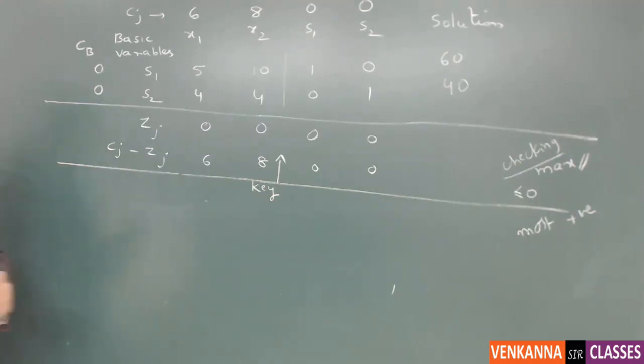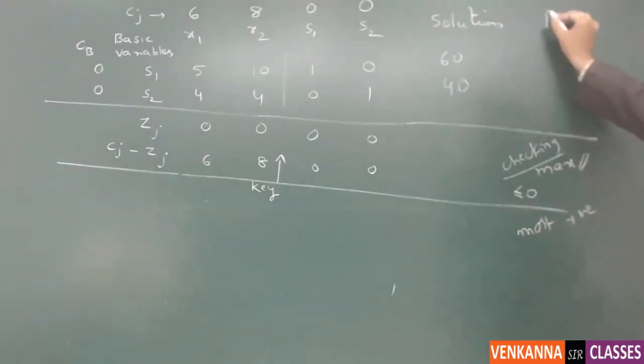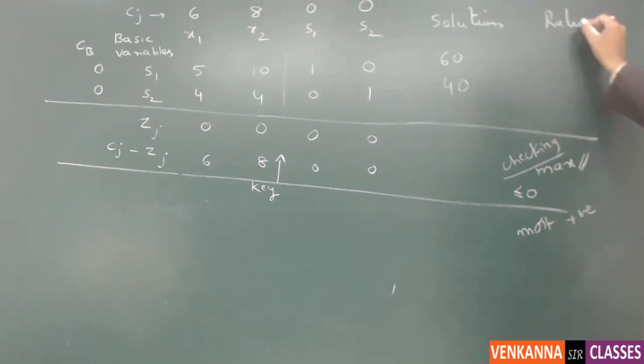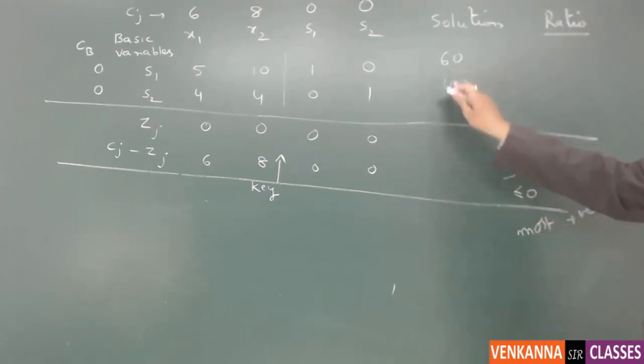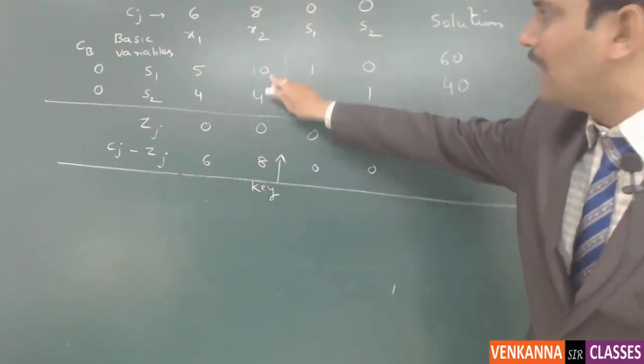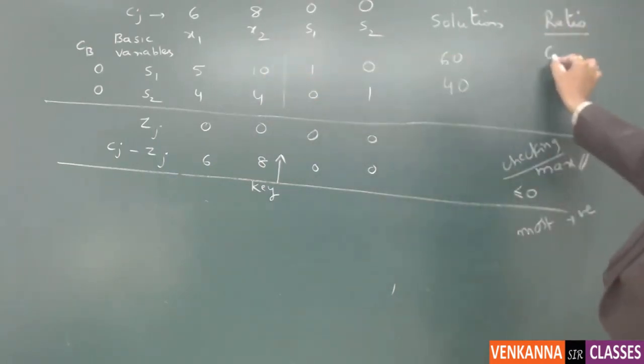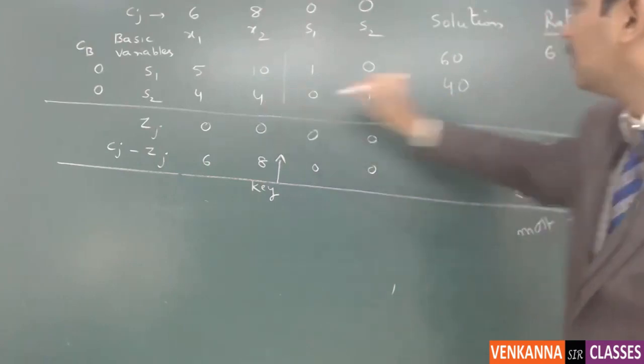Right. So now what happens? Here we calculate the ratio. These solution values are divided by the corresponding key column values. So 60 by 10, it is 6. 40 by 4, it is 10.